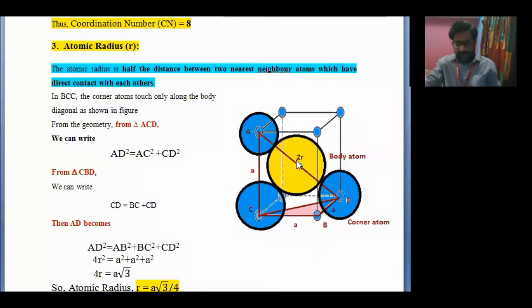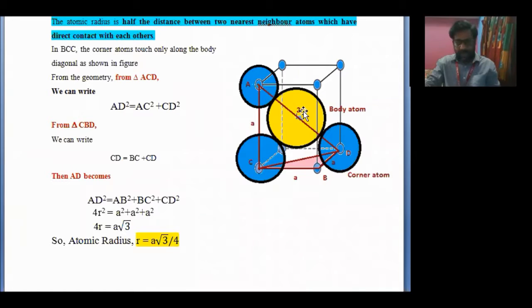Actually, sorry, this one is 4 r, because here 1 r, here 2 r, here also 1 r. So the total distance is 4 r. So AD square is equal to 4 r square, and AC is A square. Then CD we have to measure.